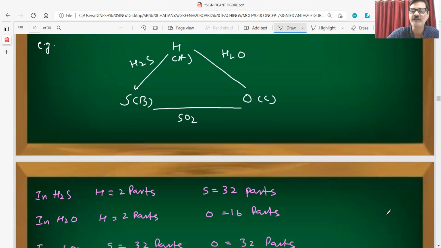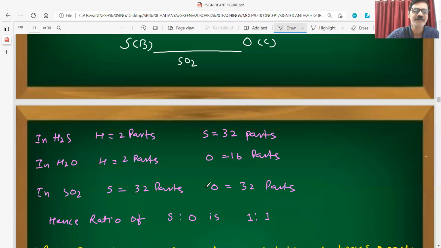So here we can see in H2S 2 parts of hydrogen, and in H2O also 2 parts of hydrogen, that is the mass of A is fixed. So it is combining with 32 parts of sulfur and 16 parts of oxygen.